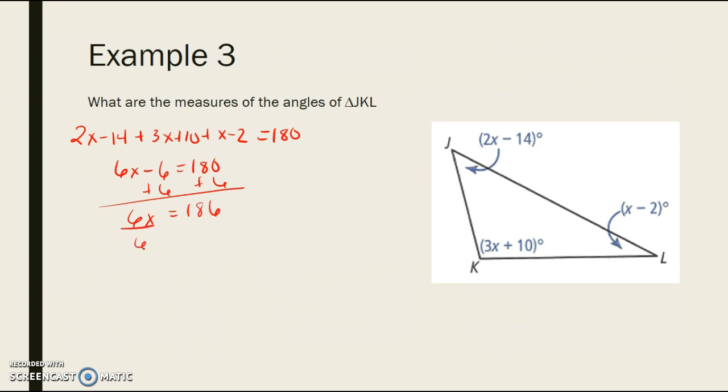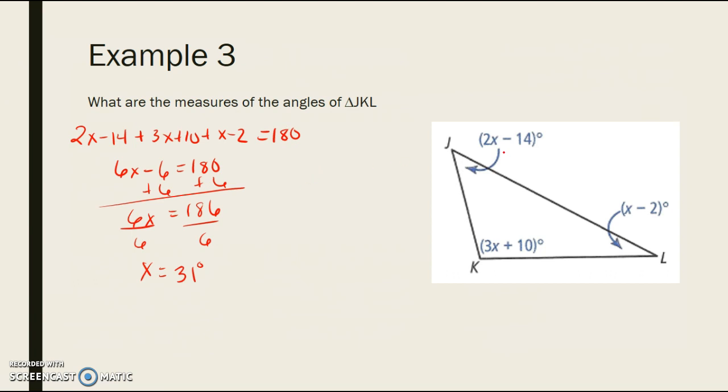And then we're going to divide both sides by 6. So 186 divided by 6 gives us that x equals 31 degrees. Now once I have that, it didn't ask for what x equals, it asked for what are the measures of the angles, and so now I need to just plug in and find the different angles.